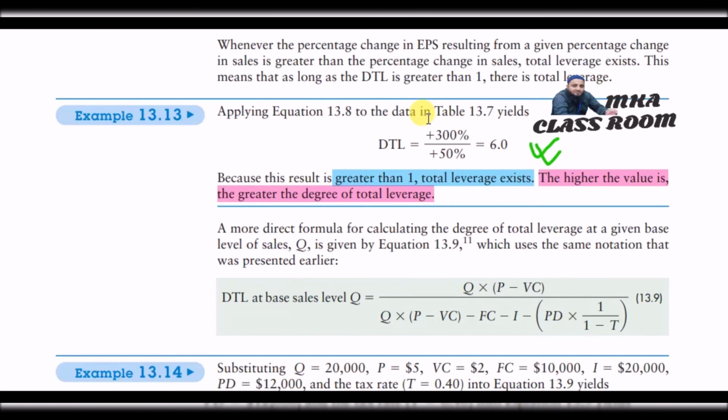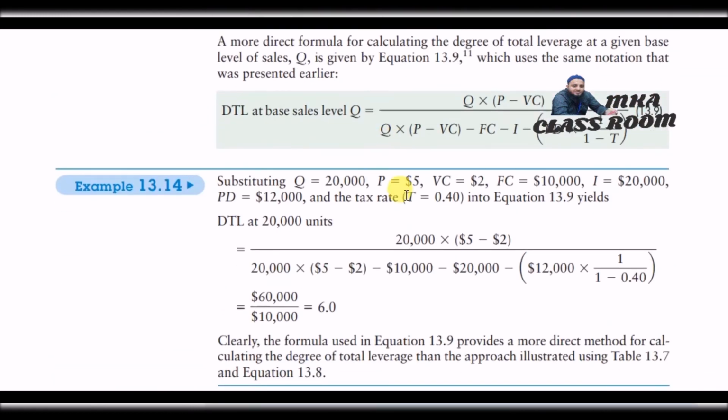The formula is Q into P minus VC, divided by Q into P minus VC minus FC minus I minus PD into 1 divided by 1 minus T. We can use this formula here: quantity 20,000, P 5, VC 2, FC 10,000, I 20,000, PD 12,000 and tax rate T 40%.